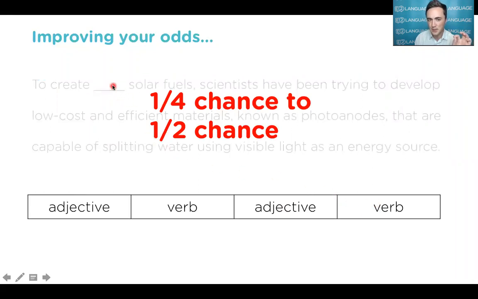If you do know what type of word goes in there, you have a 1 in 2 chance. Your chances increase from 25% to 50% if you know how to identify word types. The answer, by the way, is adjective. To create adjective solar fuels, like cheap solar fuels, for example.